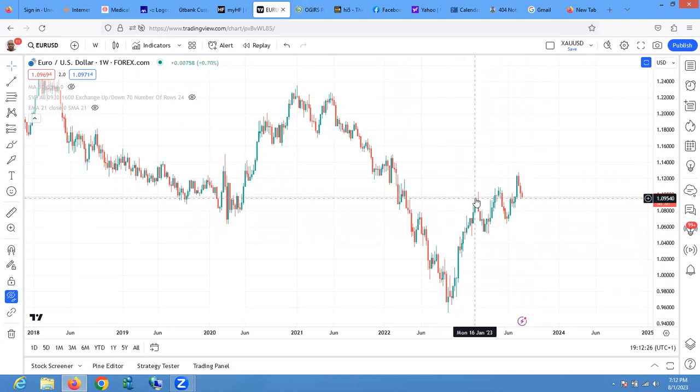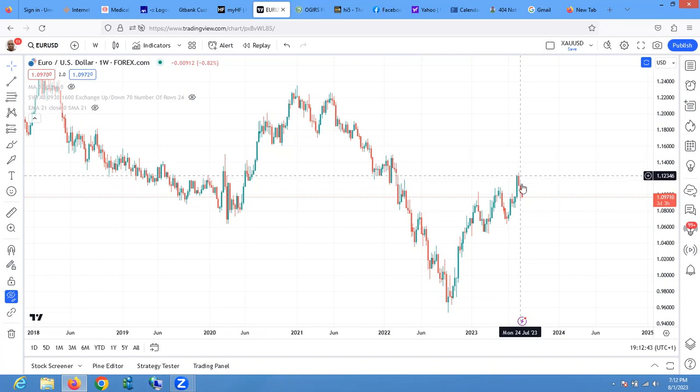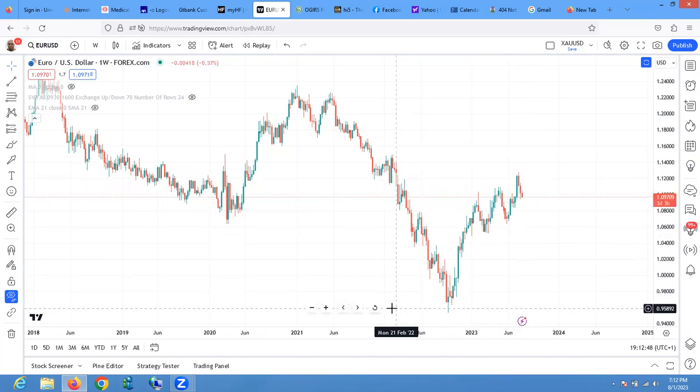If this is not a 3, an ABC, a 3, ABC of a 4 to say this is a 5, and that we are coming down to finish this, this does not look like a 5.